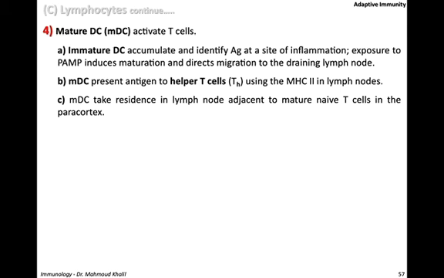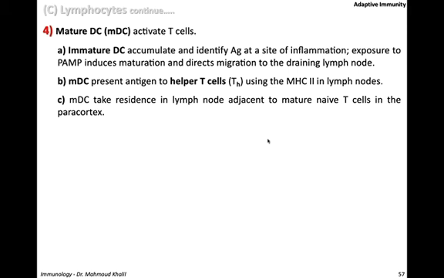These mature dendritic cells present the antigen to the T helper cell using class 2 MHC molecules in the lymph node, and they take residence adjacent to the mature naive T cell. And as we said, the mature naive T cell is still not active.